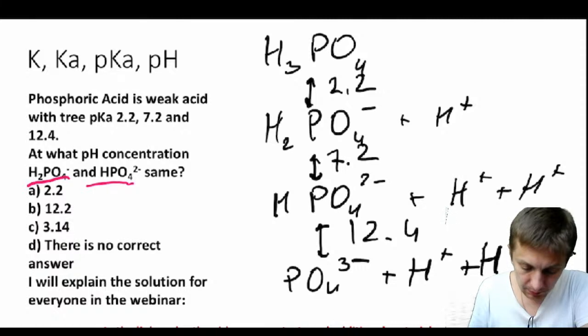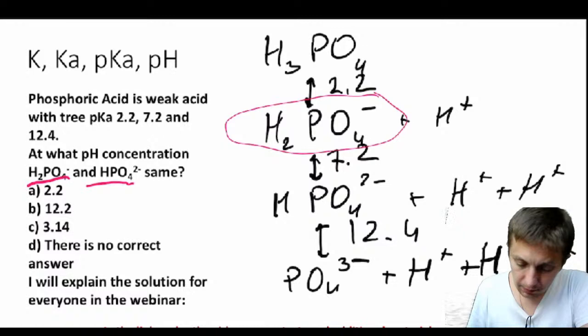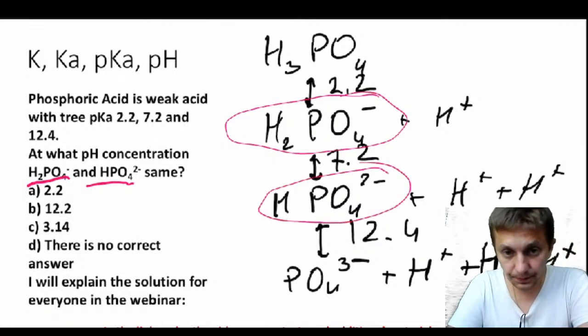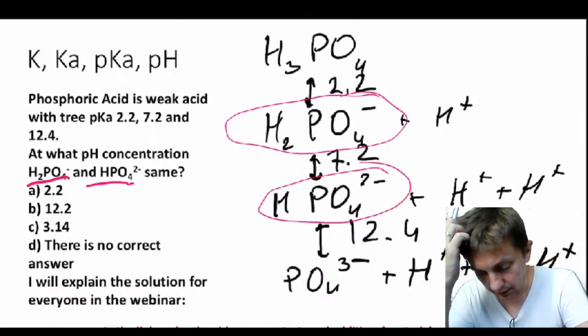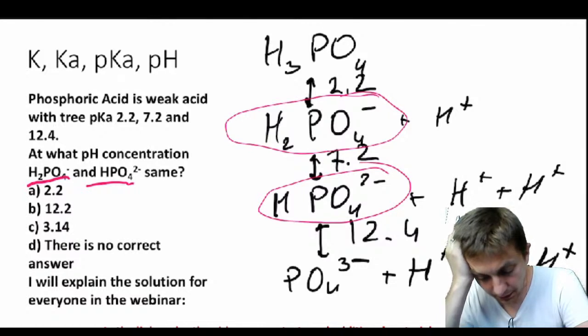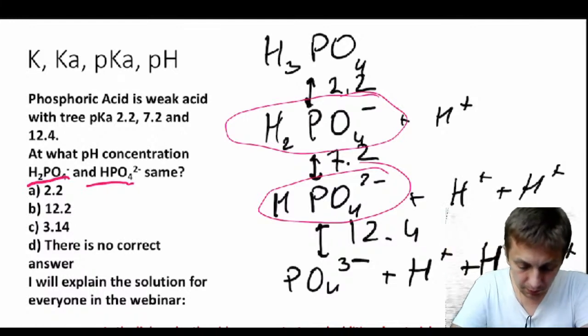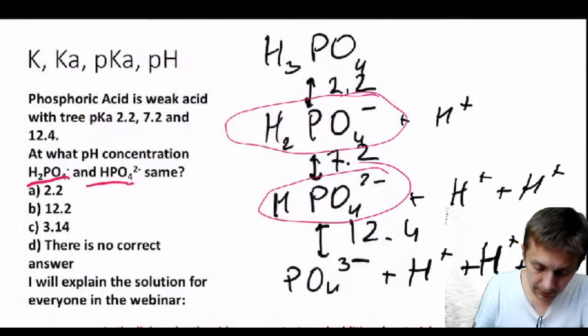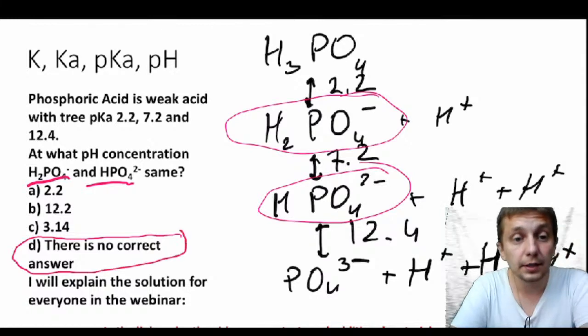Here the question is about the equilibrium of these ions, which would be equal if pH equals 7.2, but we don't have 7.2, so here the correct answer is there is no correct answer.